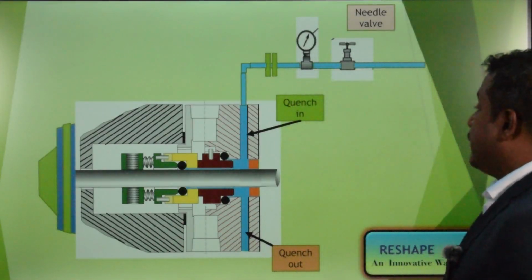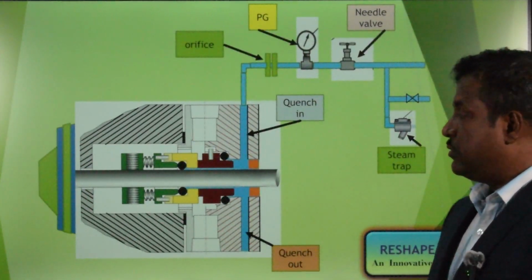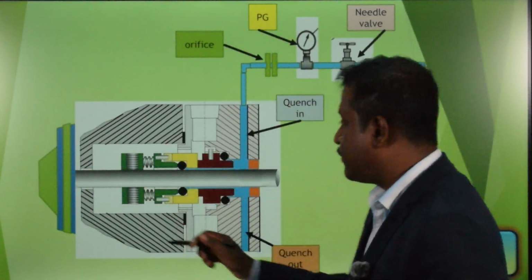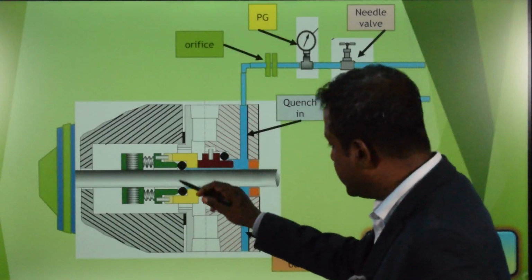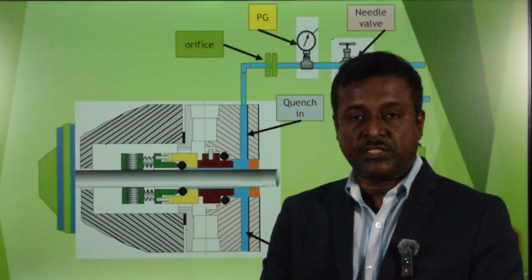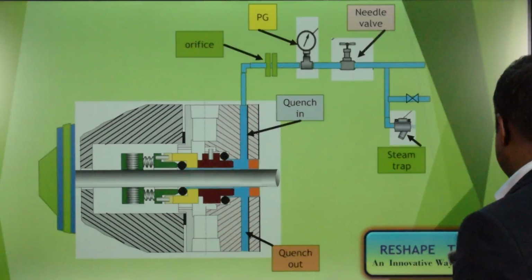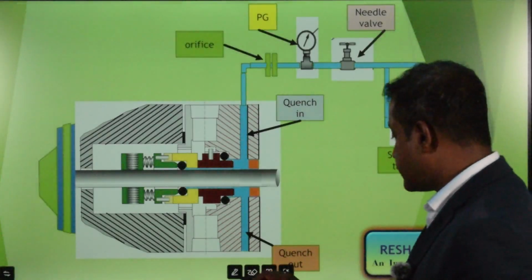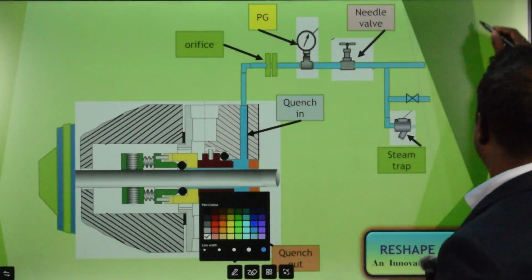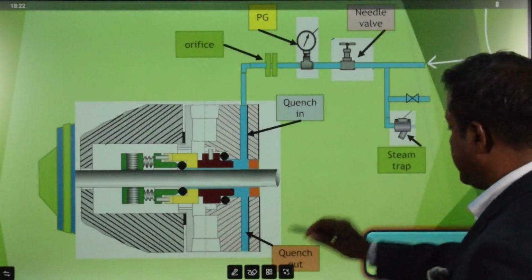For steam, if it is a hot hydrocarbon pump, we want to flush this entire region with flushing steam. For this, we take a tapping from the steam header.